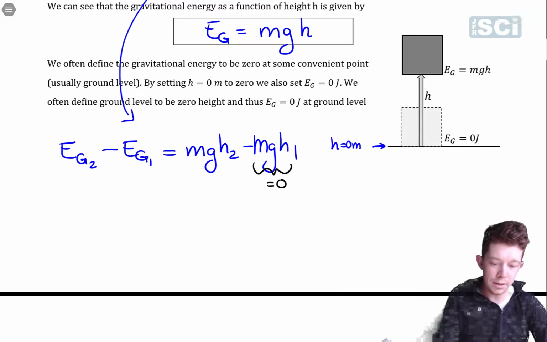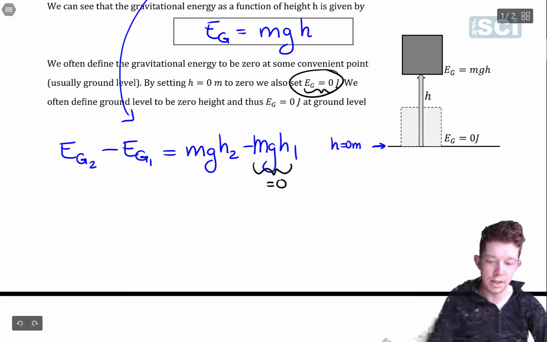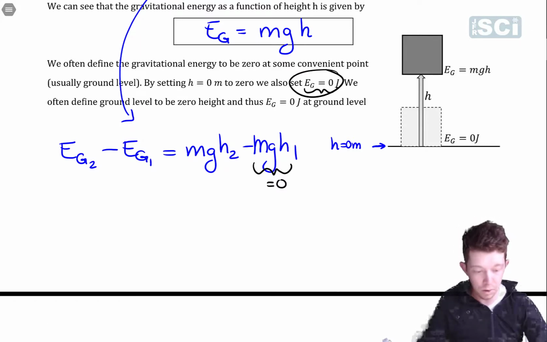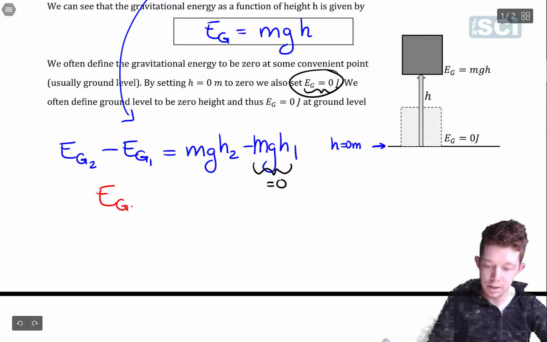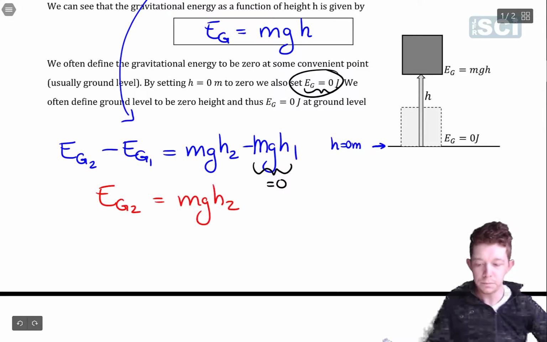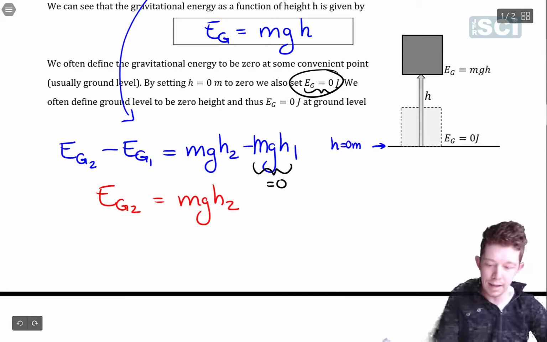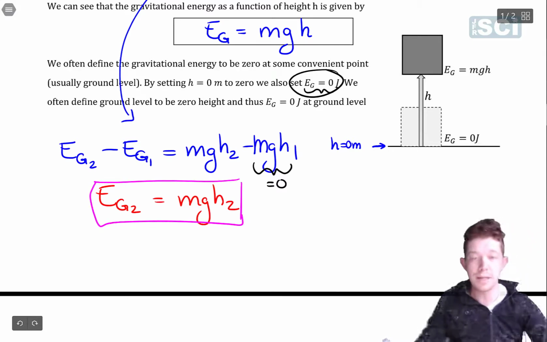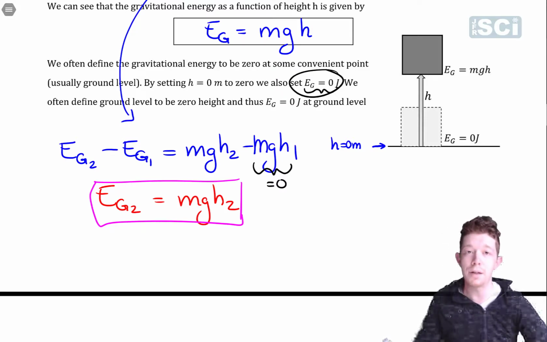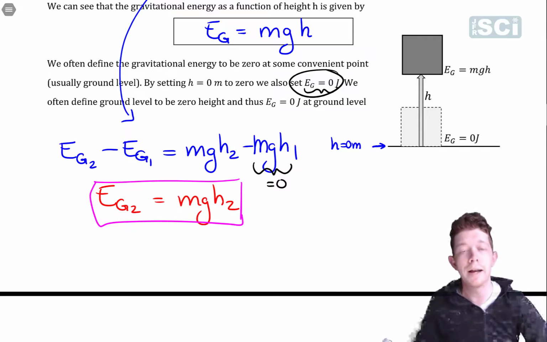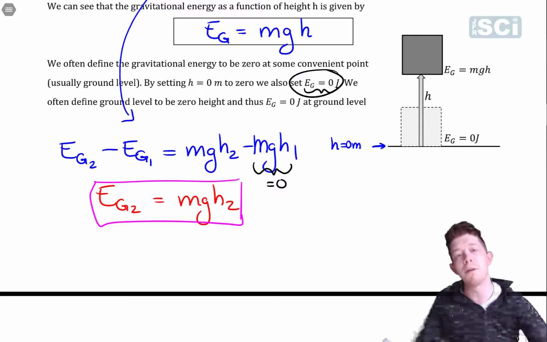And by definition, I'm going to say that the energy at that position is 0, which means that my equation becomes Eg2 is equal to mgh2. So it's telling me that the energy that's stored in the object based off of height is equal to the product of the mass multiplied by gravity multiplied by the height at which the object is above my reference point.